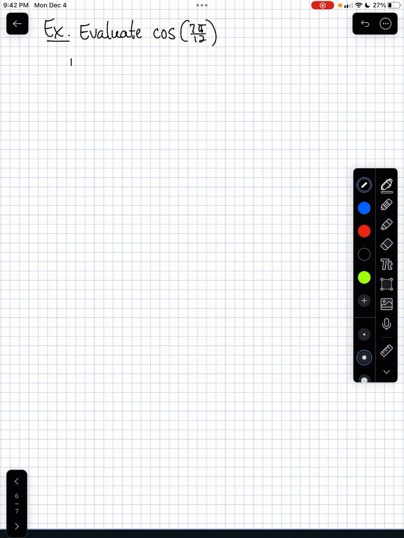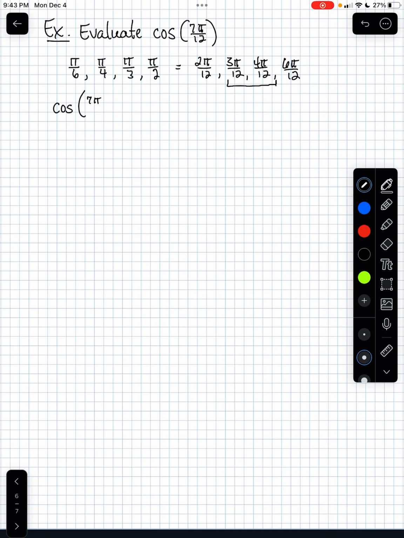So I'm going to start with the angles again in the first quadrant, which is pi over 6, pi over 4, pi over 3, and pi over 2, which can be written as 2 pi over 12, 3 pi over 12, 4 pi over 12, and 6 pi over 12, respectively. And it should be pretty clear to see in this case that 7 pi over 12, then, is the sum of 3 pi over 12 and 4 pi over 12.